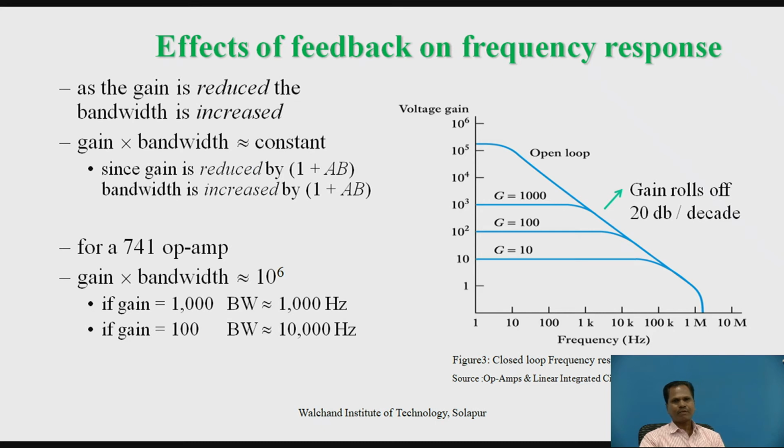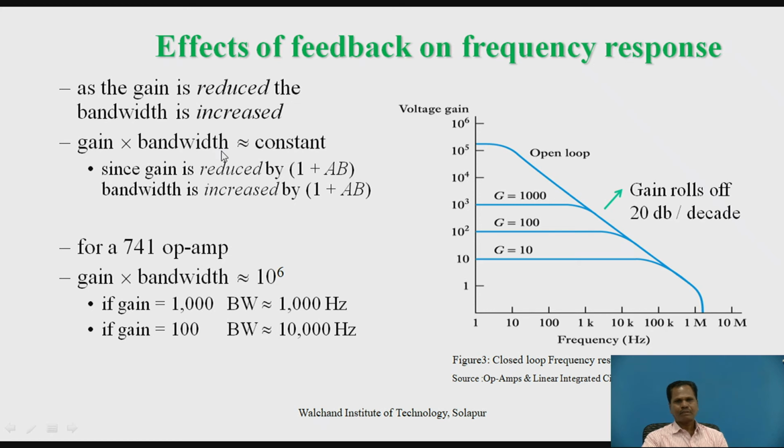For the single break frequency operational amplifier IC 741, its gain bandwidth product, the product of gain and bandwidth, always remains constant and it is approximately equal to the unity gain bandwidth. For example, for IC 741, the unity gain bandwidth UGB value is about 1 megahertz. So with feedback or without feedback, the gain bandwidth product always remains constant and it is approximately equal to the unity gain bandwidth.